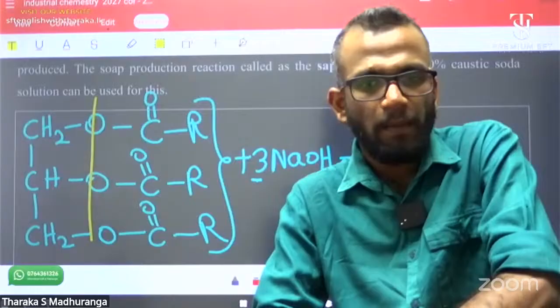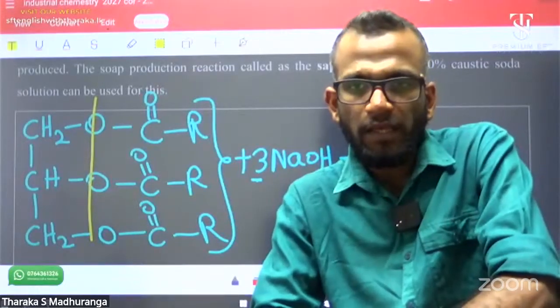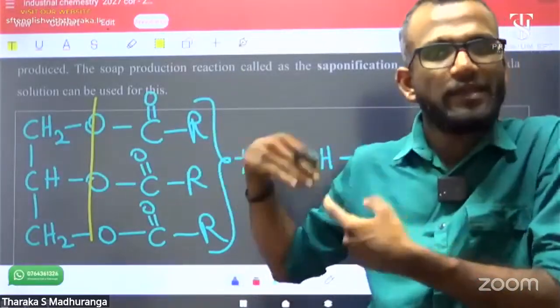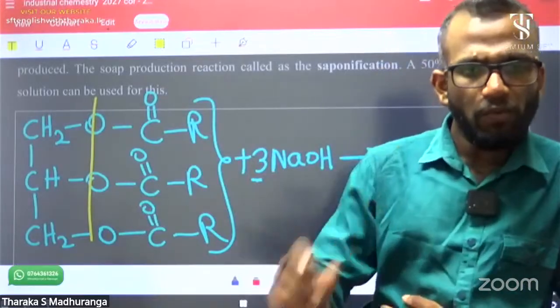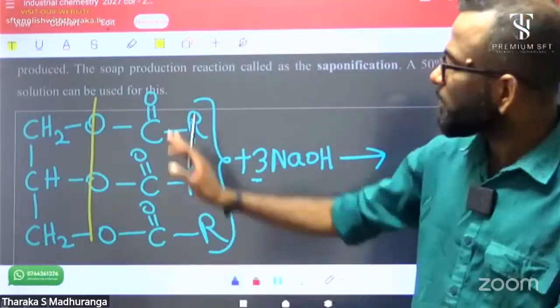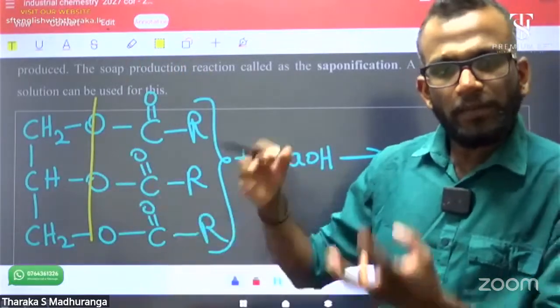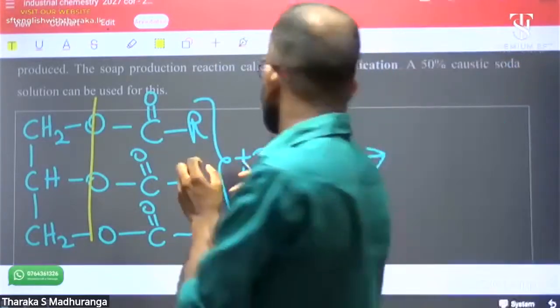Matakai? Dihini? Just break down these 3 ester bonds, again producing glycerol and 3 fatty acids, right?